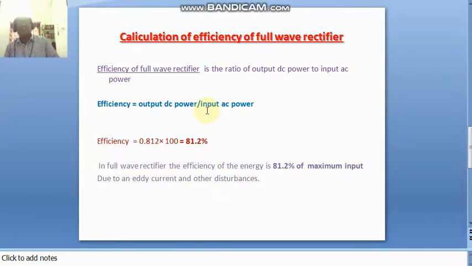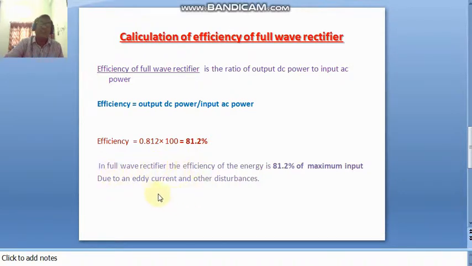In that case, we are taking the forward resistance. By substituting all the values, we get the efficiency as 0.812. If we convert into percentage, we multiply by 100, so we get 81.2%.